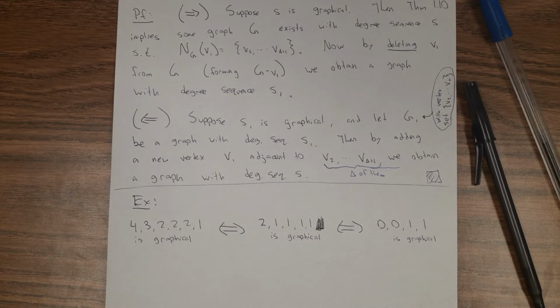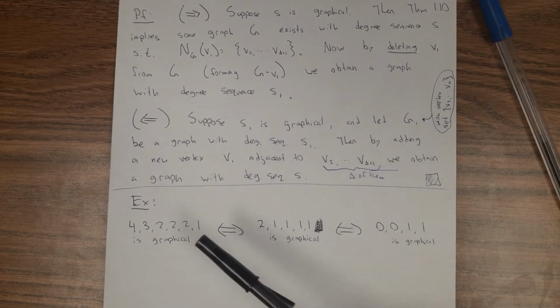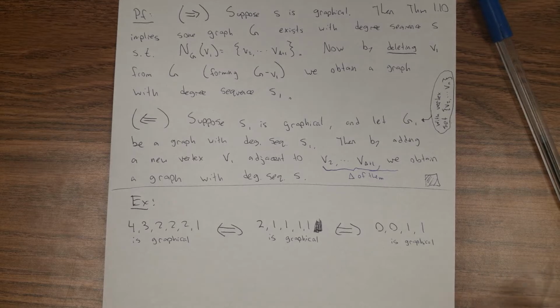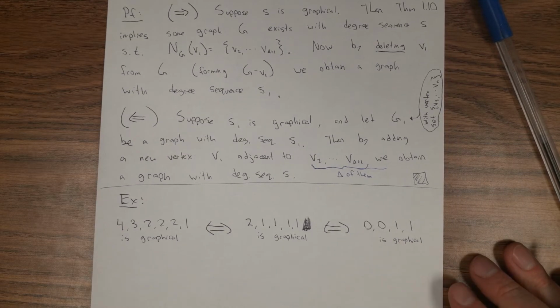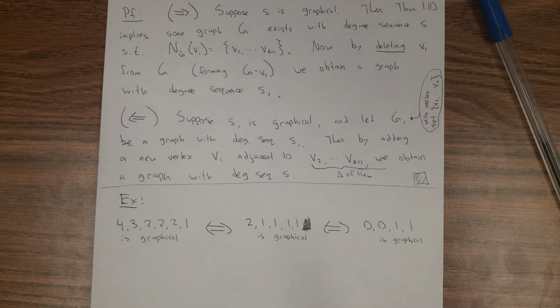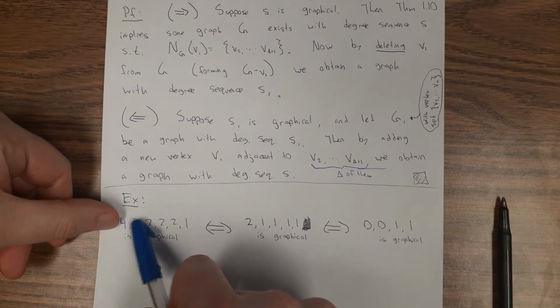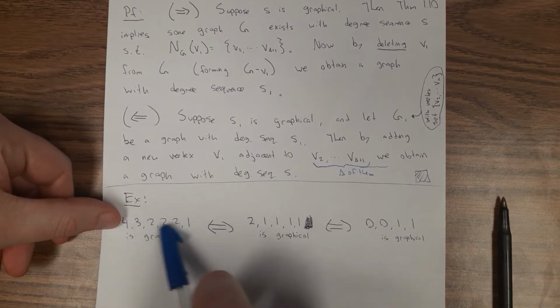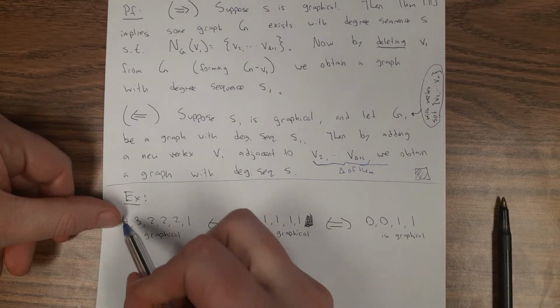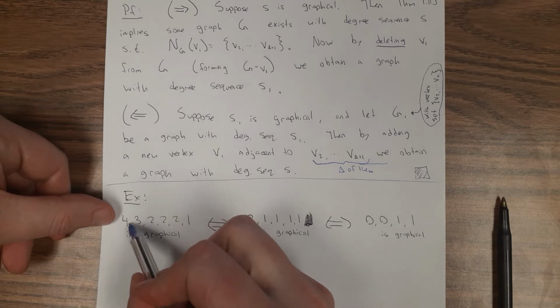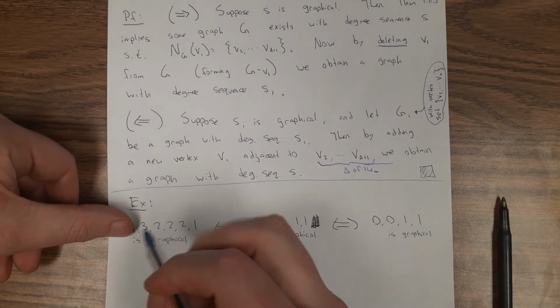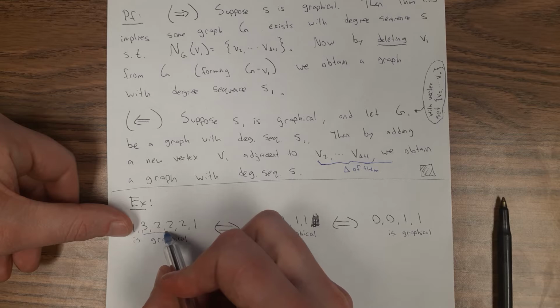Suppose somebody just gives you this degree sequence and says, tell me whether it's graphical or not. Then what you do, so this is in non-increasing order, I take the biggest number, and then I take the next that many.